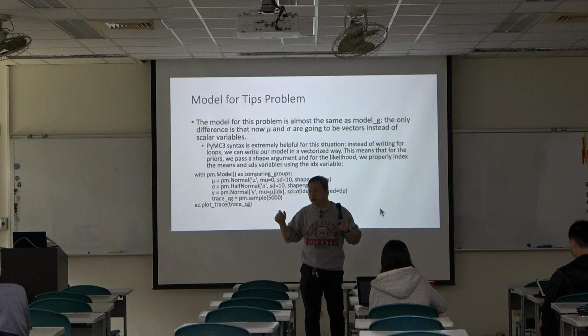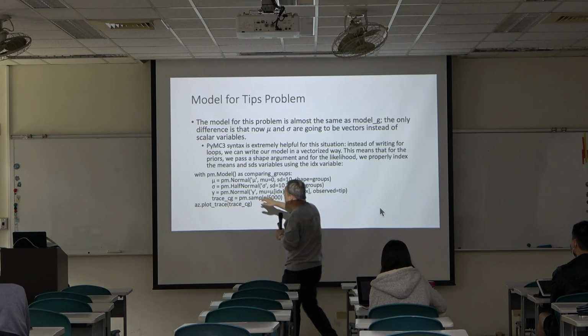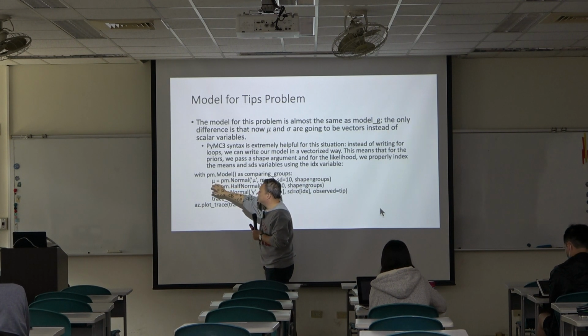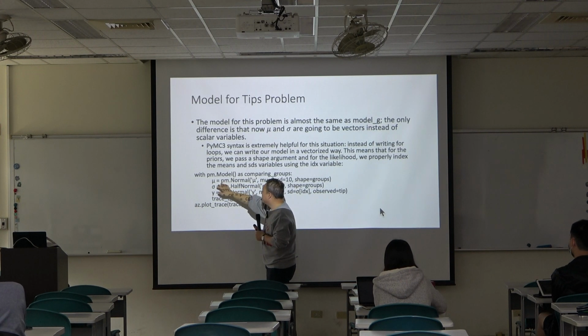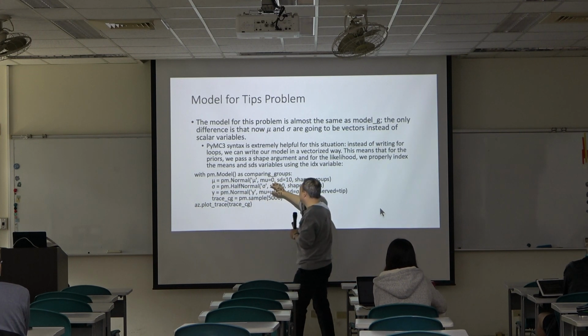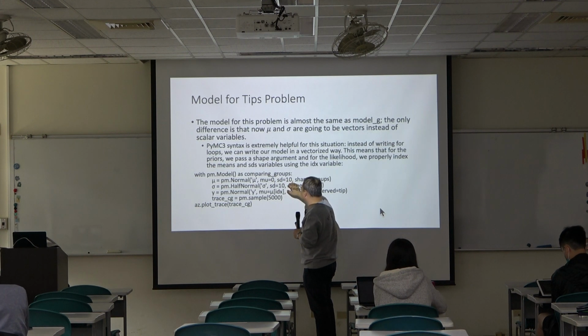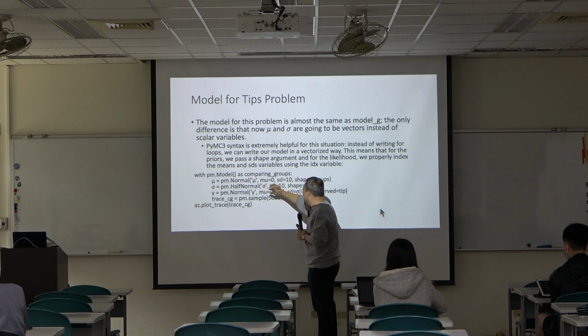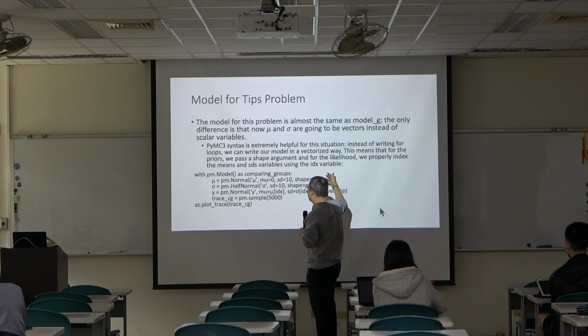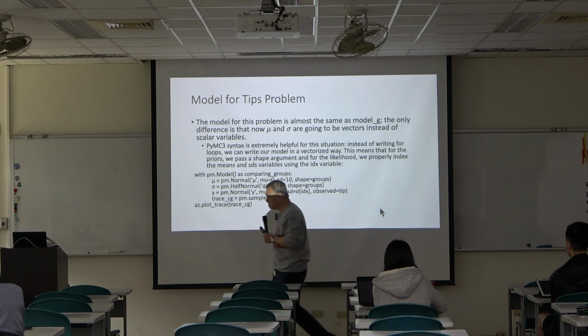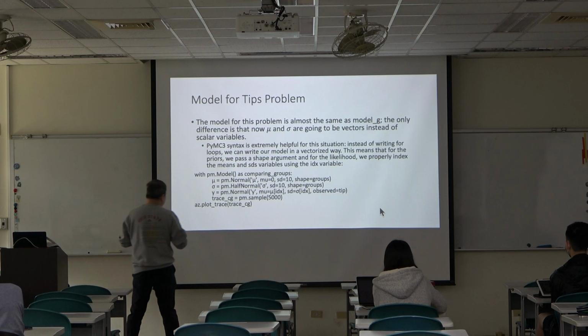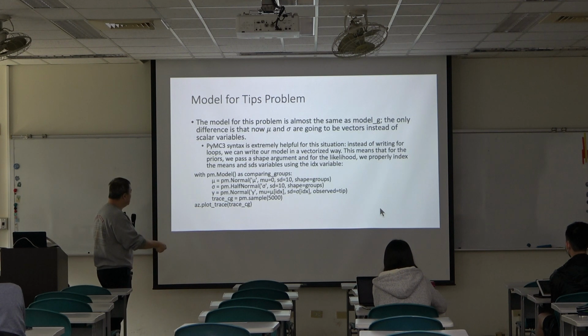But now we use a normal distribution to represent the prior of mu, and we set its mean and standard deviation as 0 and 10. So we have changed something here, and the other parts are kind of similar. Then we just generate the trace.